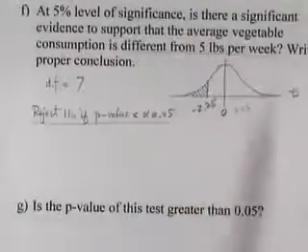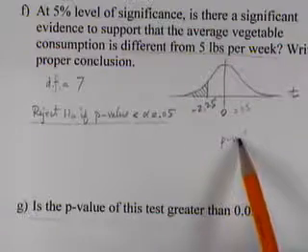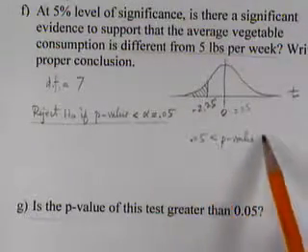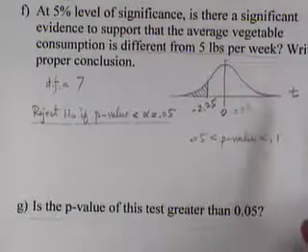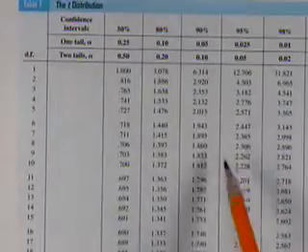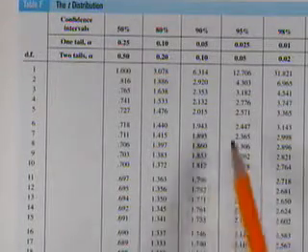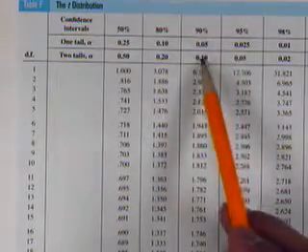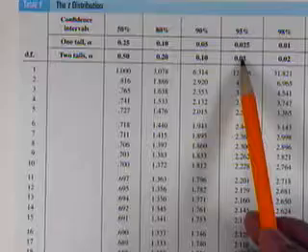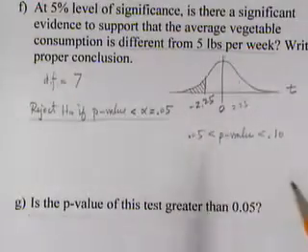That means the p-value for this problem is in between 0.05 and 0.1. Remember, we have a t-score 2.25, and it's in between these two numbers. So the p-value is greater than 0.05 and less than 0.1.